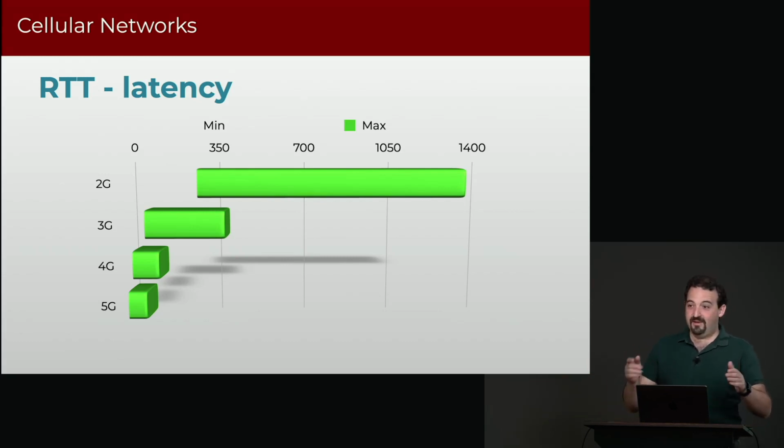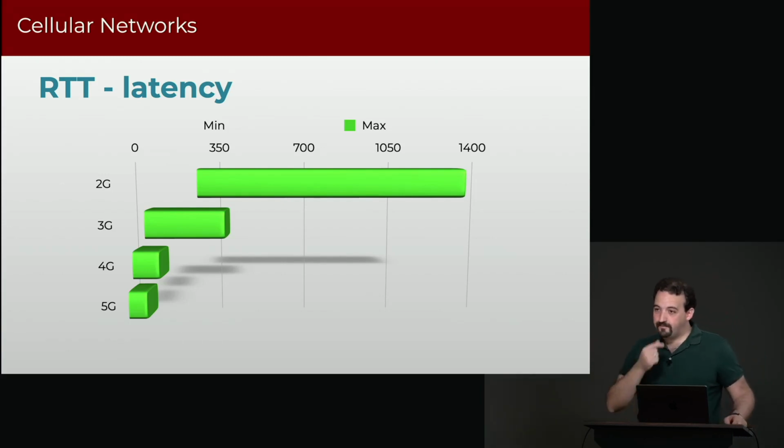So that means you request one image, and the first byte comes after 1 second for every HTTP request that you have. 3G is better. You can see it's better, and of course 4G and 5G are decreasing the latency, improving the experience. So yeah, it's better to have 4G and 5G.